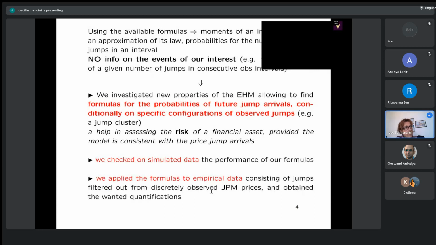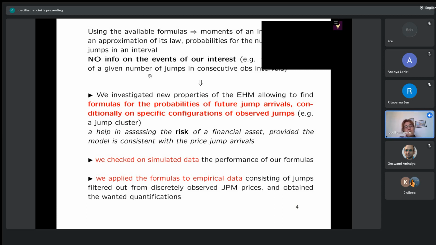So in the literature we now have a lot of available formulas. Using those formulas, we could compute moments of an increment of N, the Hawkes process, or an approximation of the law of such increment, or the probabilities for the number of future jumps in an interval, but we cannot calculate the probability of the events we are interested in.